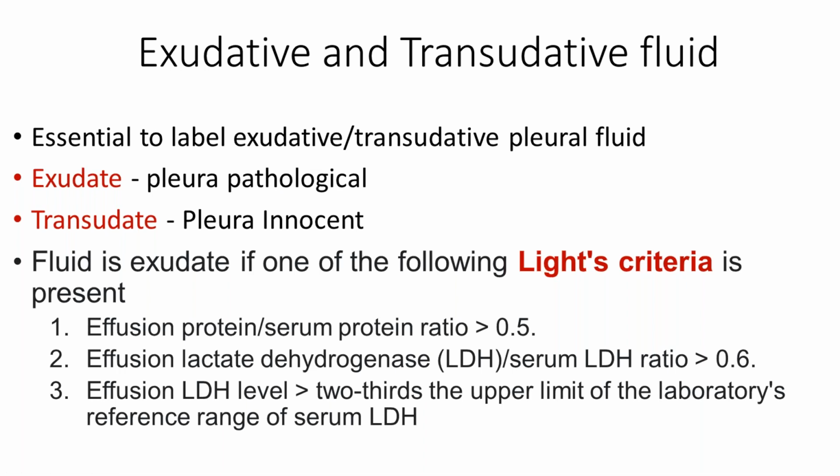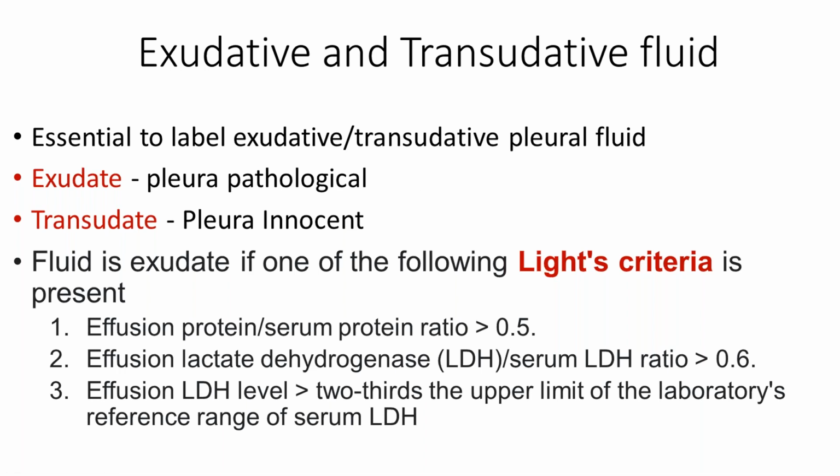In the beginning also we want to distinguish between exudate and transudate, because it gives us the clue that in exudate the pleura is pathological, in transudate the pleura is innocent, normal. So here we do the biopsy. Here we should not do the biopsy. When you will be an intern or PG, never do it.